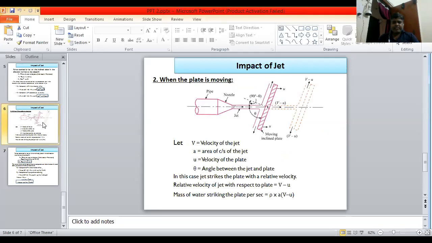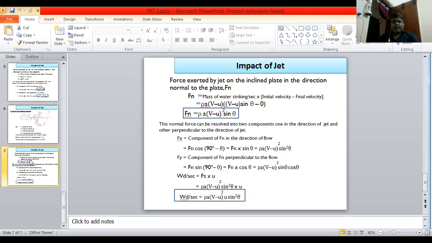Finally, Fx in terms of Fn is equal to Fn cos (90 minus theta), and the final equation, remember always, is Fx equal to rho a (v minus u) squared sin squared theta, and Fy is equal to rho a (v minus u) squared sin theta into cos theta. The work done per second, Fx into u, is equal to rho a (v minus u) squared sin squared theta into u. That means work done per second is equal to rho a (v minus u) squared into u into sin squared theta. Okay, that's all.